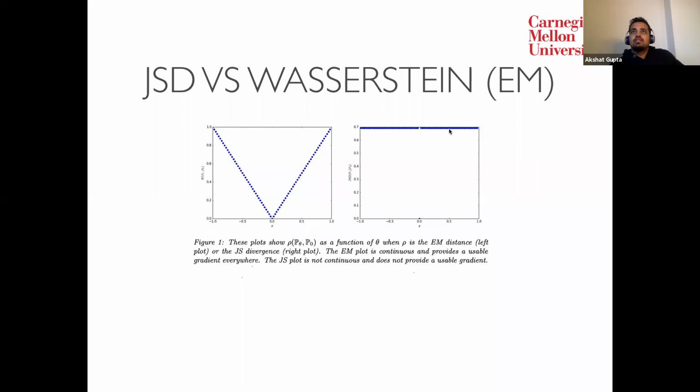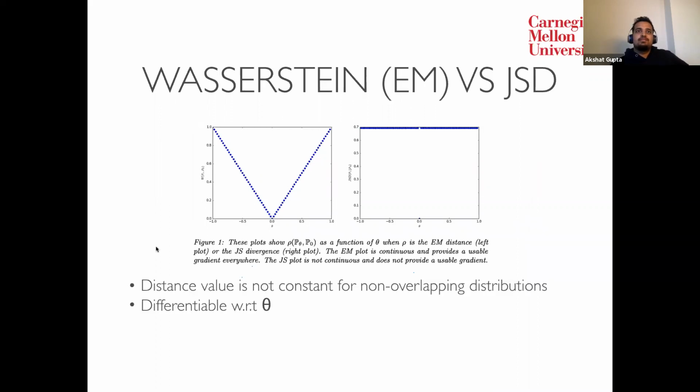So if we're in one of these regions, there is no way for us to reach theta equal to 0. Whereas in the case of Earth mover's distance, the Wasserstein distance, we have an incentive to reach the point theta equal to 0, which is exactly where the two distributions overlap. So this in some sense shows how one metric might be better than the other.